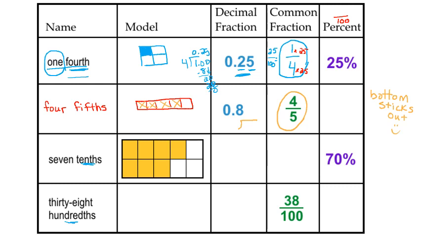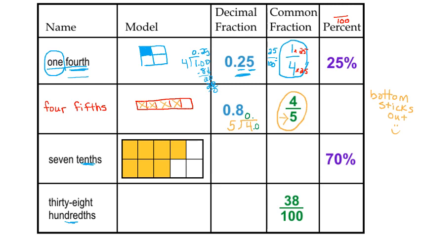Okay, so the number that's on the bottom, which happens to be the 5, is the number that's going to stick out of the cave. He's outside of the cave of division. The other guy goes inside the cave. Does that make sense? So remember that your bottom sticks out, and you're going to put that bottom number, that denominator, outside of the cave. So does 5 fit into 4? No, sure doesn't. It goes in 0 times, so we're going to have to use a decimal.